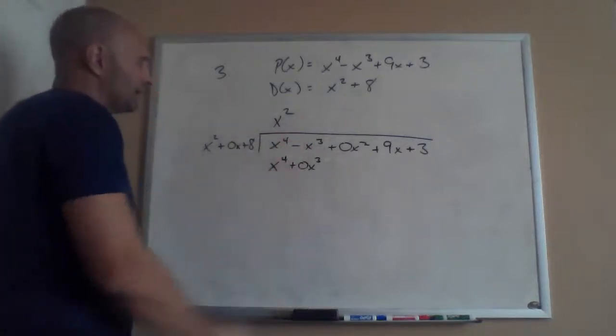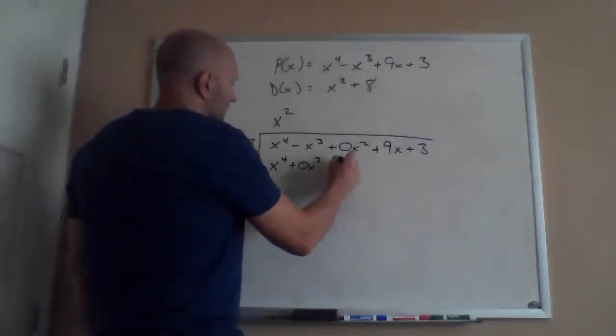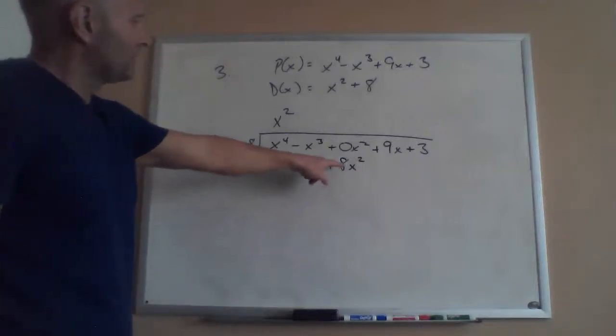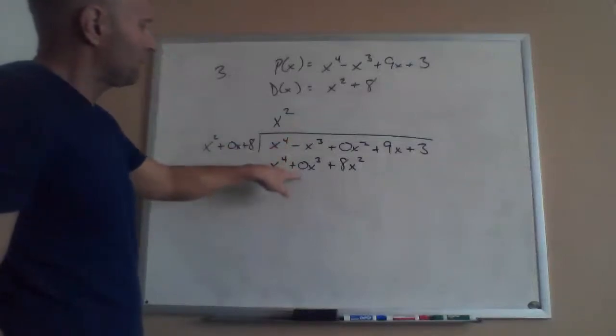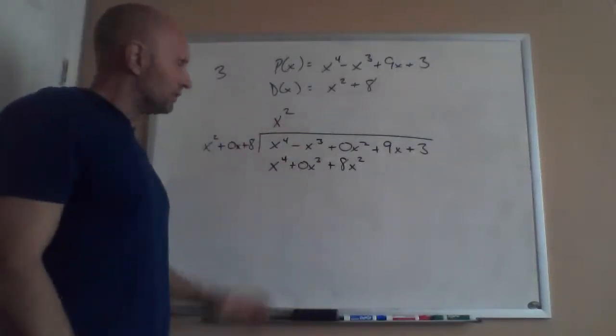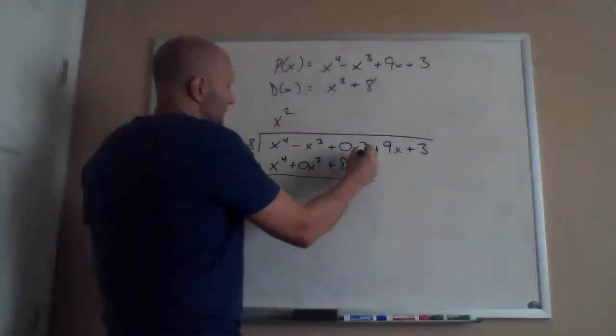Again, I just need that placeholder. And then plus 8x squared. Otherwise, if I didn't have those placeholders, this one wouldn't be there, that one wouldn't be there, and this would probably be under the x cubed, and then it's causing me a lot of confusion. So the placeholders just try to eliminate some of that confusion.